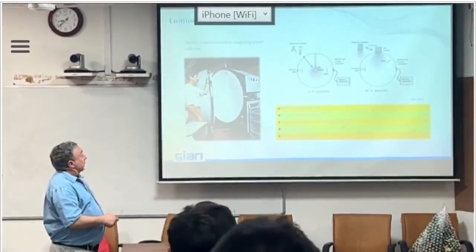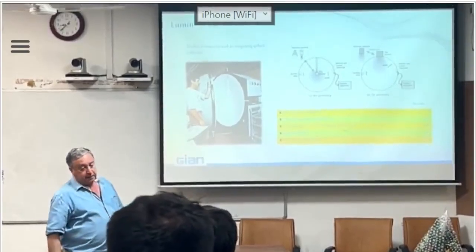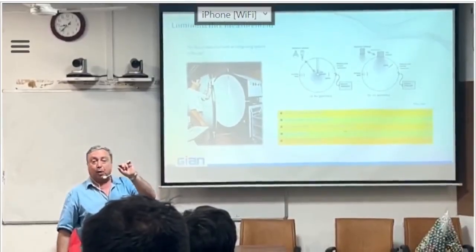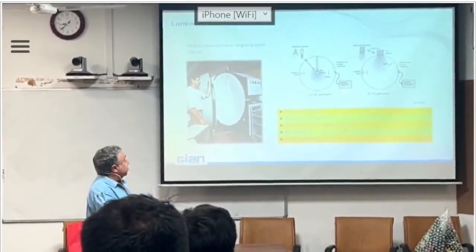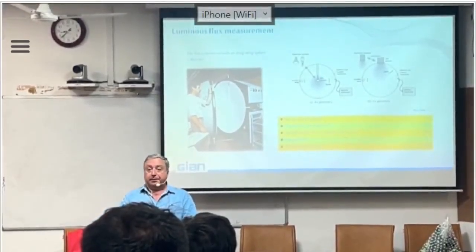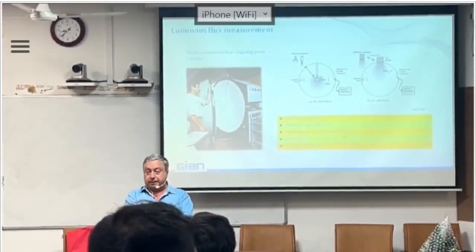And then we can collect the light thanks to a calibrated photocell, and if we take a small amount of light, we can measure here, for example, a number of volts, and this number of volts, if the sphere is calibrated, corresponds to a number of lumens.